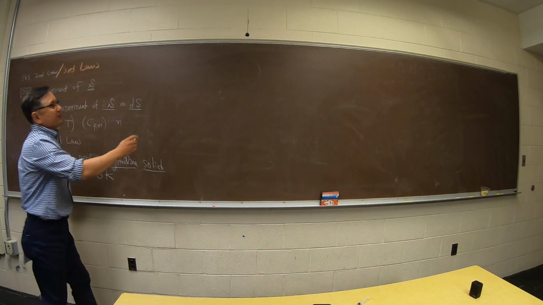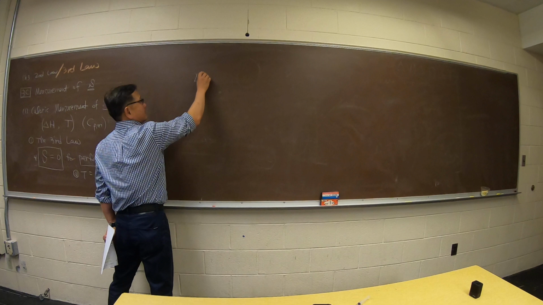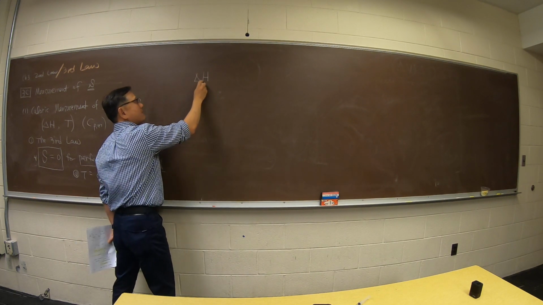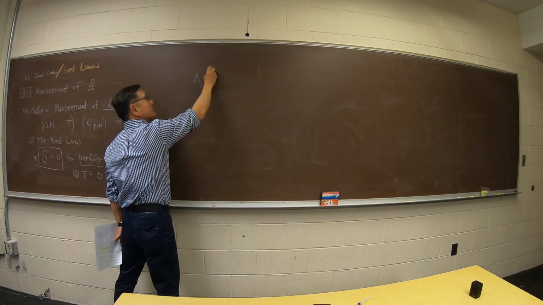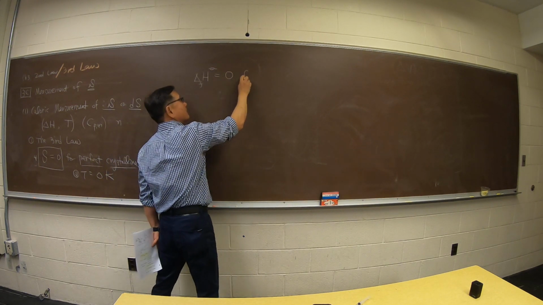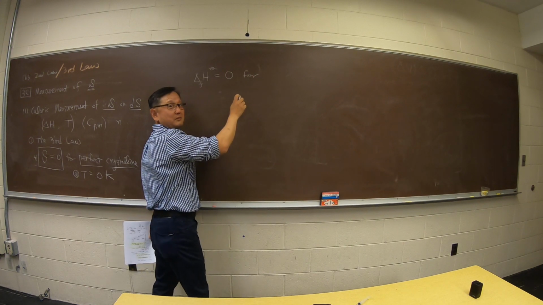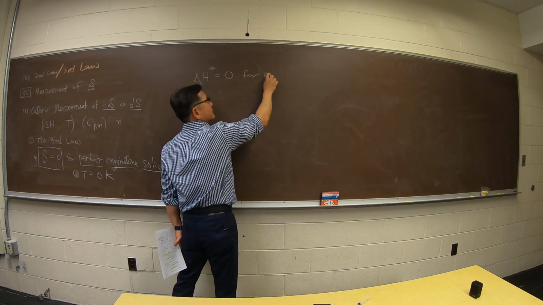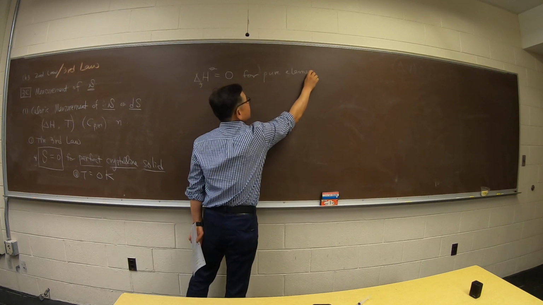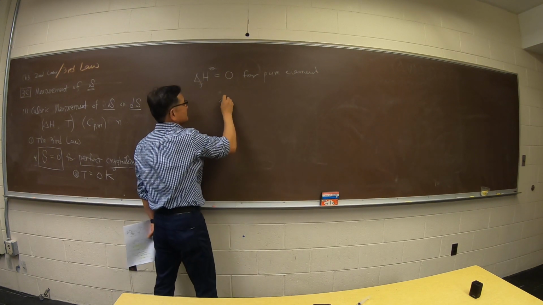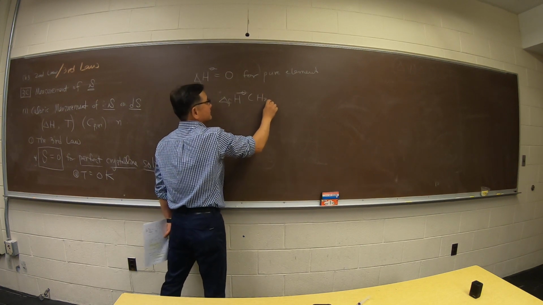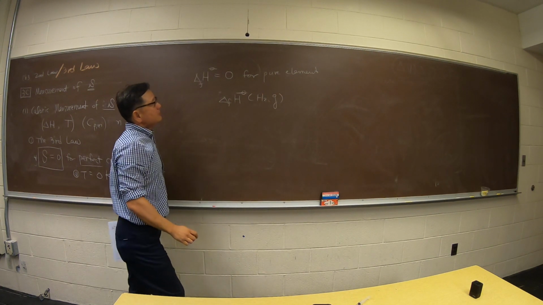I'll just put a little comparison. Do you remember the delta H of formation in the standard state is 0 for what? Pure elements, right? Delta H of formation of hydrogen gas will be 0.